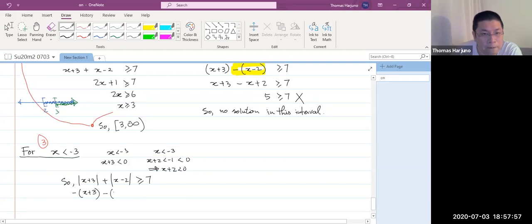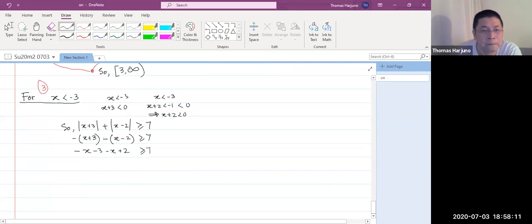Likewise here. Then I get negative x minus 3 minus x plus 2 greater than or equal to 7.